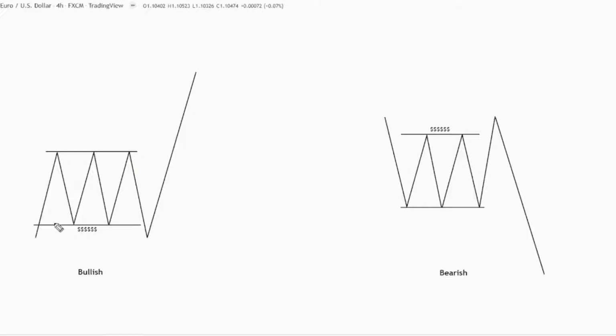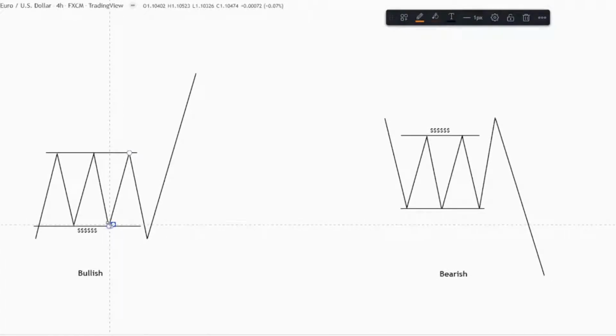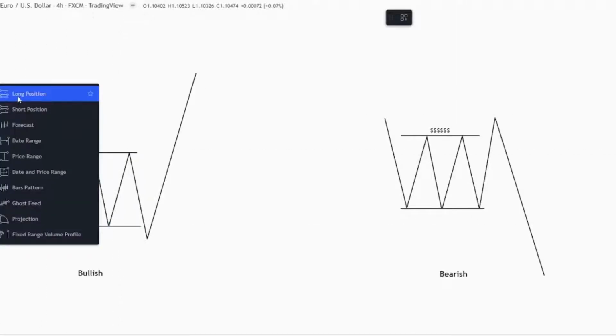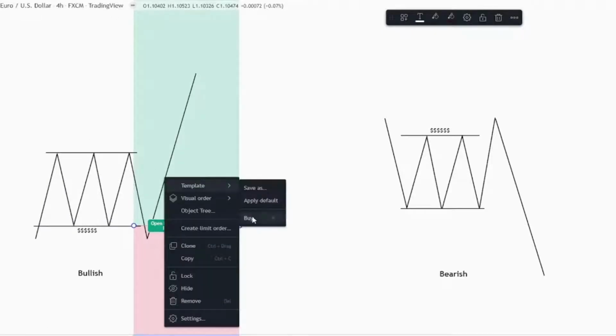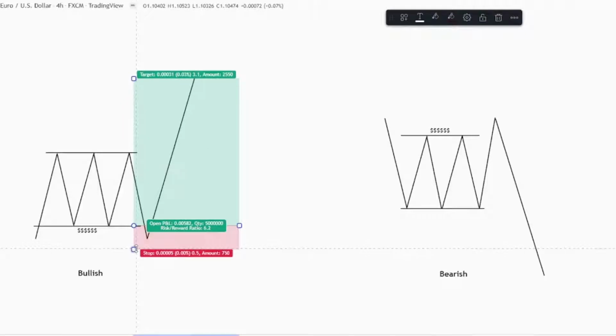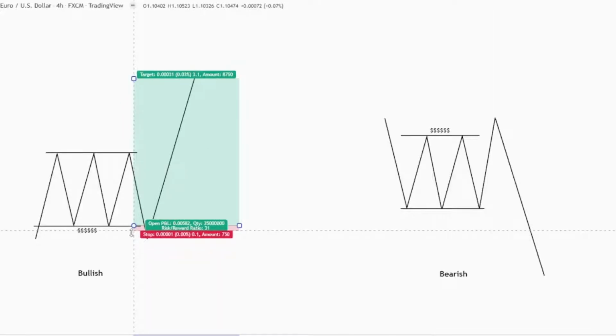Those are the people who trade support and resistance. A retail trader will say, okay, I will buy here, and after buying here, the market will have to go up in my favor. Now they will buy here and put their stop losses below the equal lows.